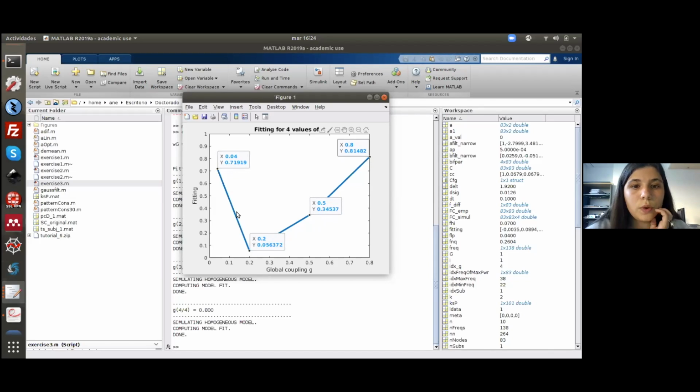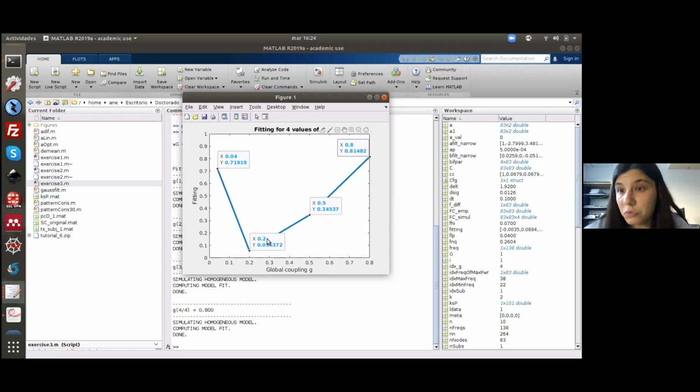So as Manel explained, the fitting, or the Kolmogorov-Smirnov distance between the distributions of the functional connectivity dynamics, changes with the different global couplings. You can see here that the difference is very high for a global coupling that is very small.